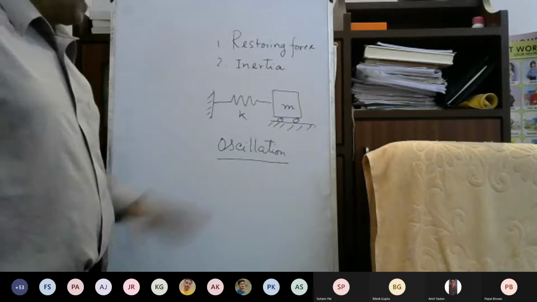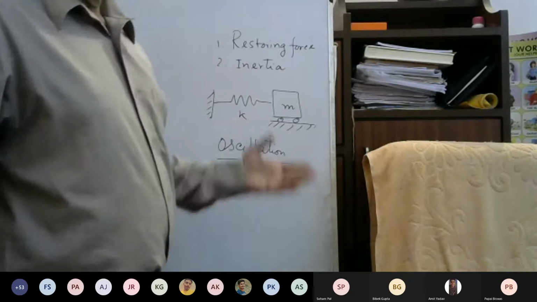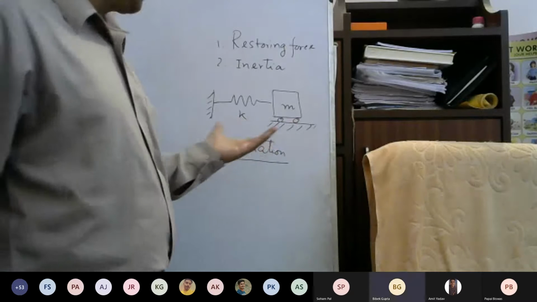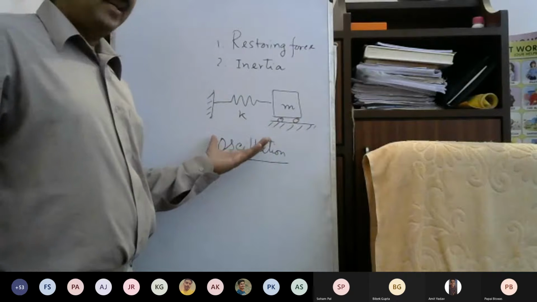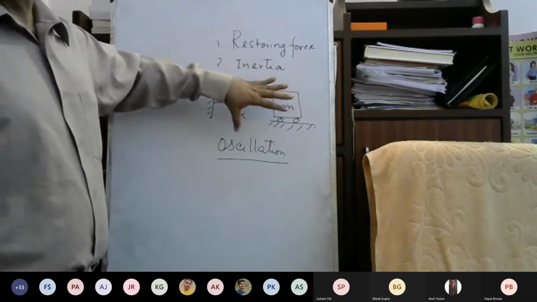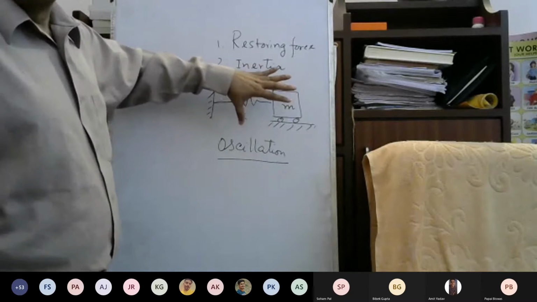Unless the vibration is random or aperiodic, all vibratory systems will have a fixed time period. So oscillation is similar to vibration, but the word vibration we reserve for mechanical systems.